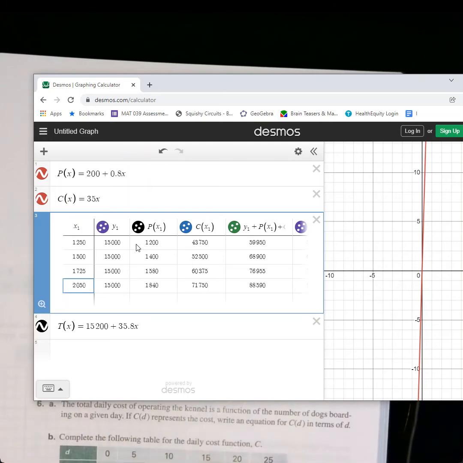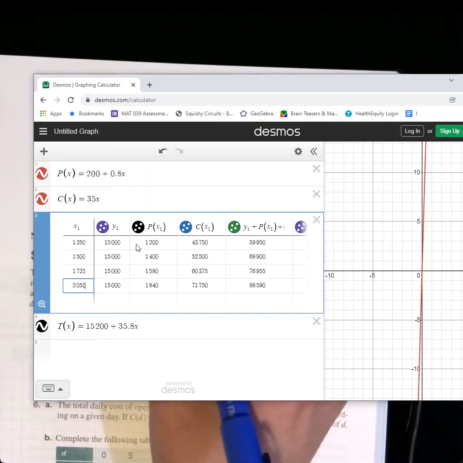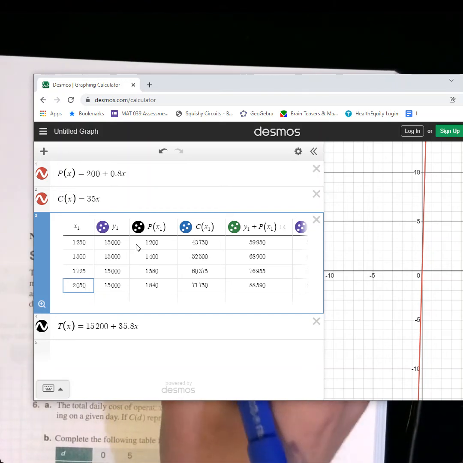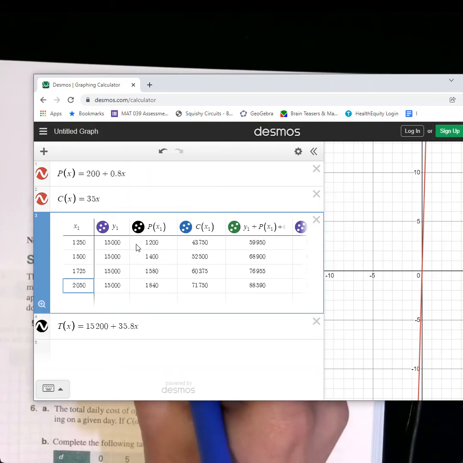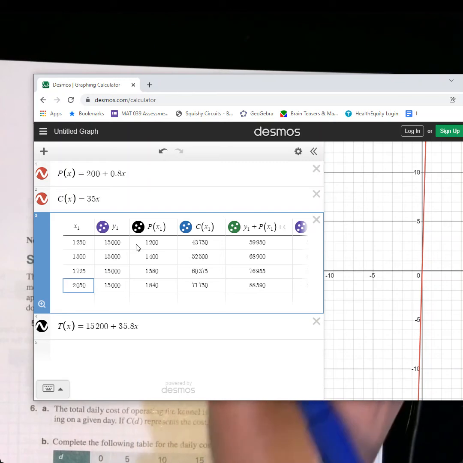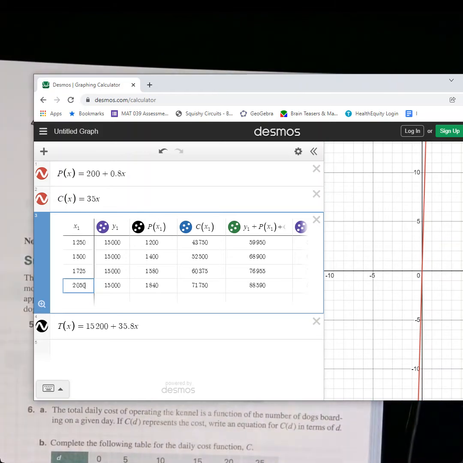So I'm going to write in my p of x values for this one. We would have 1200, 1400, I'm going just down the p of x column right here, 1580, 1840, and our c of x would be 43,750, and so on. I will pause. You can write those numbers down as I continue.